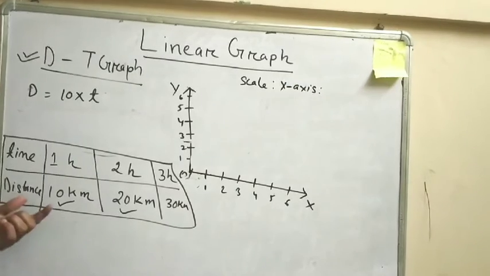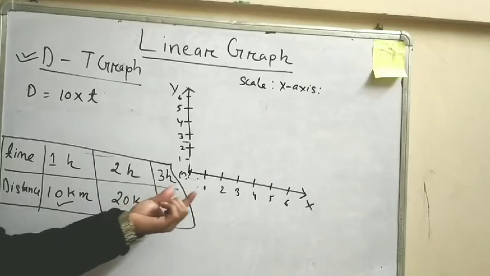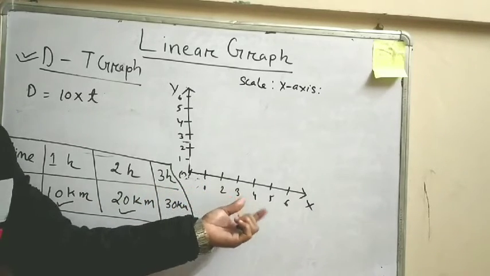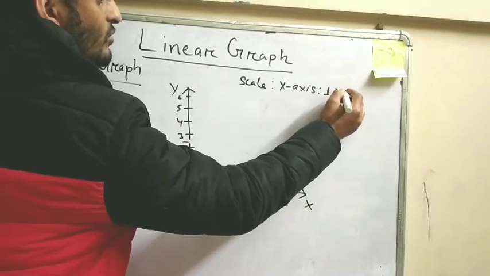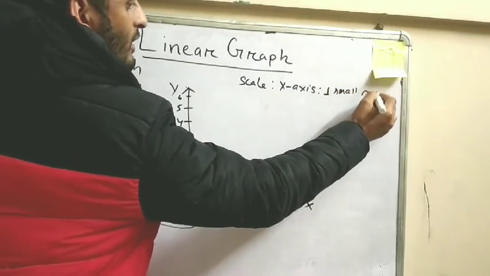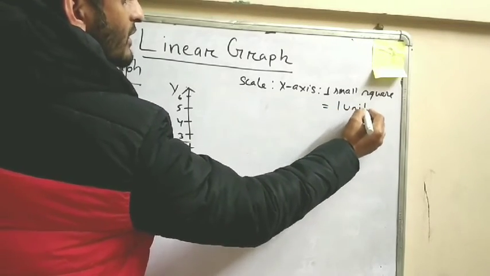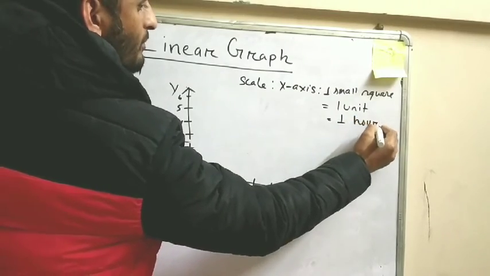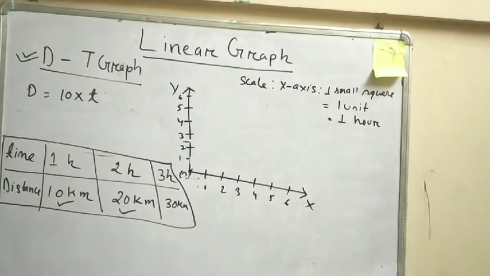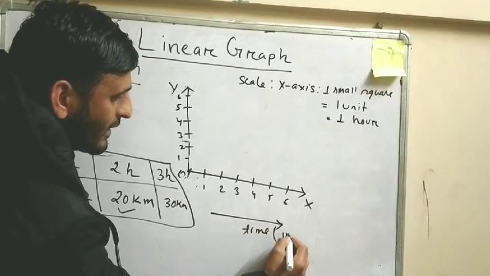We need to plot the time 1, 2, 3. There are 1, 2, 3, 4, 5. So we can take 1 small square on our graph paper equal to 1 unit, that is, 1 hour. Similarly, here we write that this is time in hours.